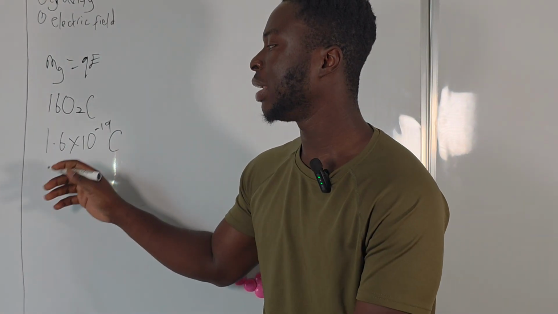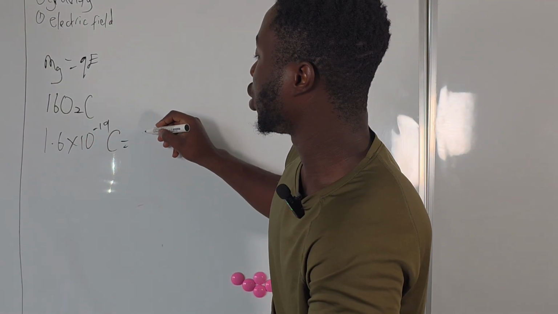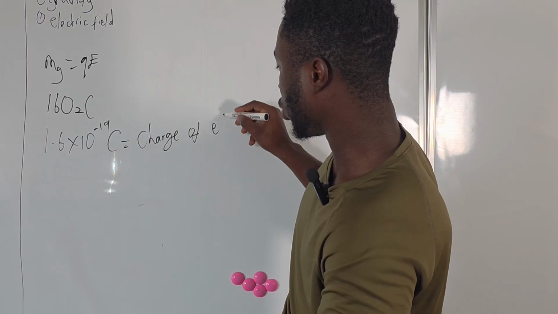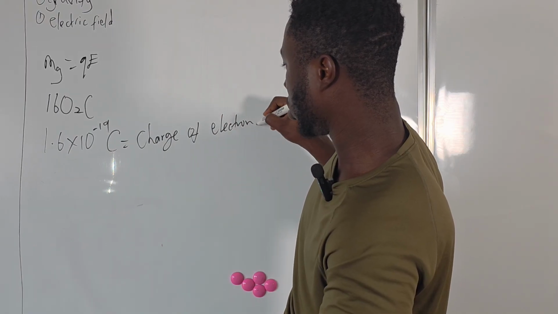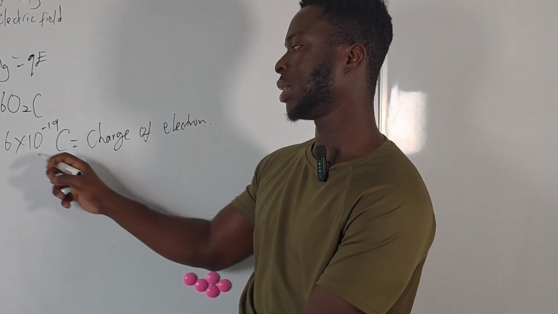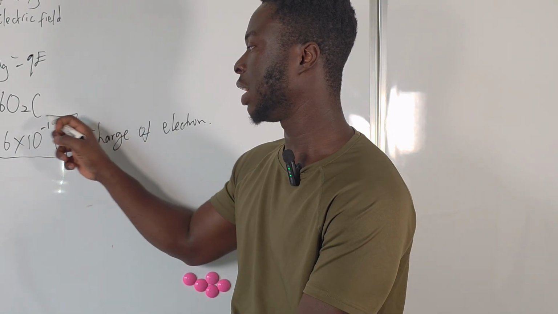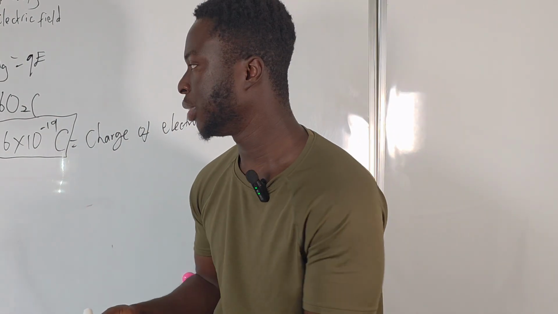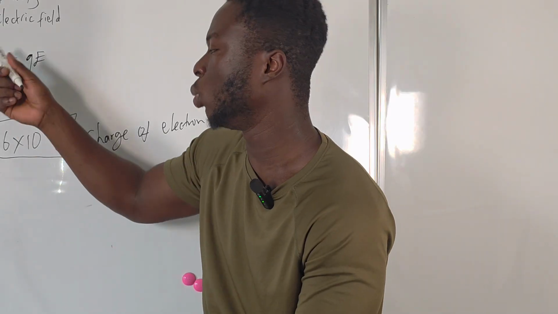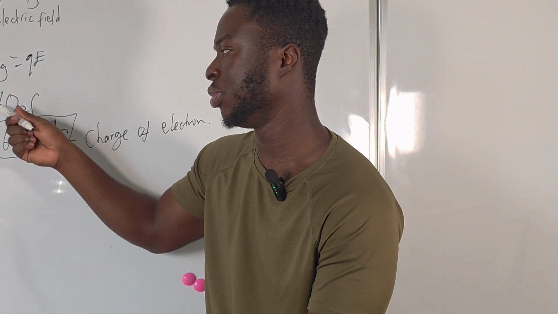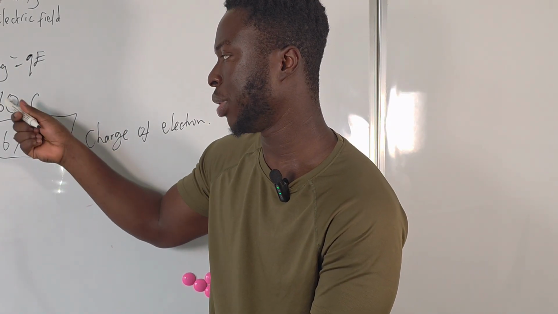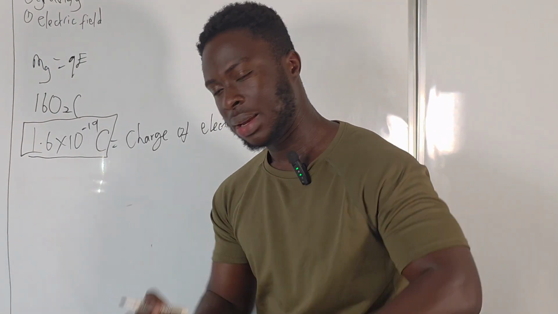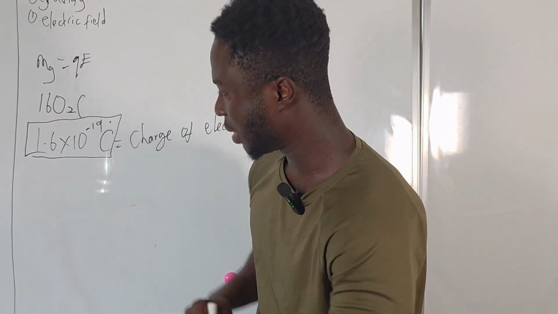So now we found the charge of the electron to be this 1.6 times 10 to the power negative 19 coulombs. Zepto is 10 to the power negative 21. So if you jump 2 decimal points, it's going to be 1.6 times 10 raised to the power negative 19, right? Let's put a pin in this.